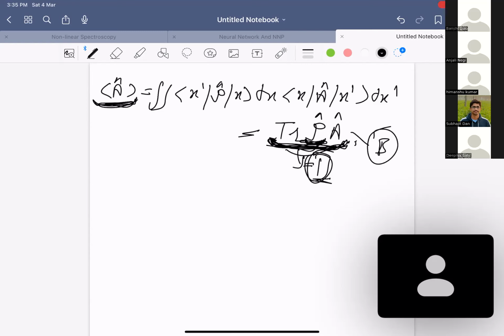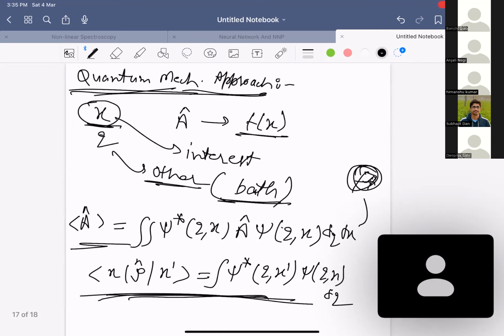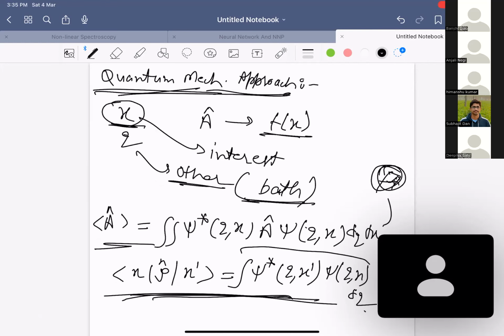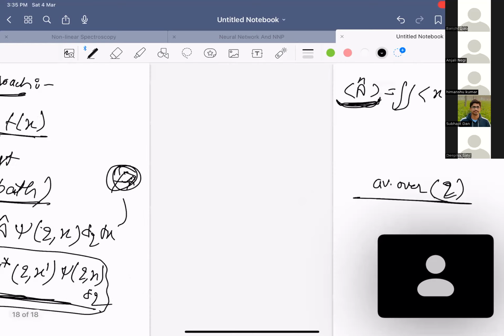Then how do we correlate the classical and quantum points of view? We have seen that in the quantum point of view, we have taken the average over all the bath coordinates, the q's.